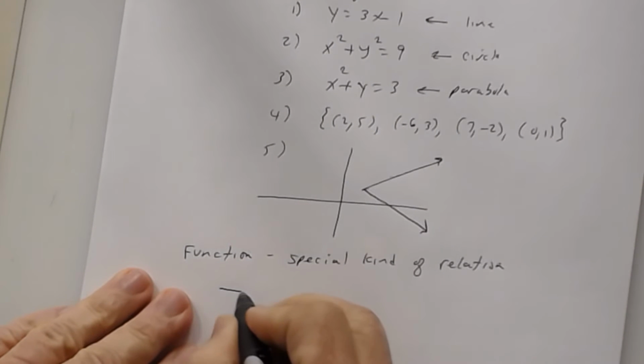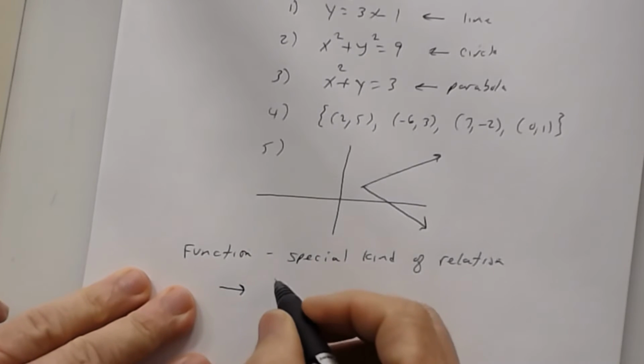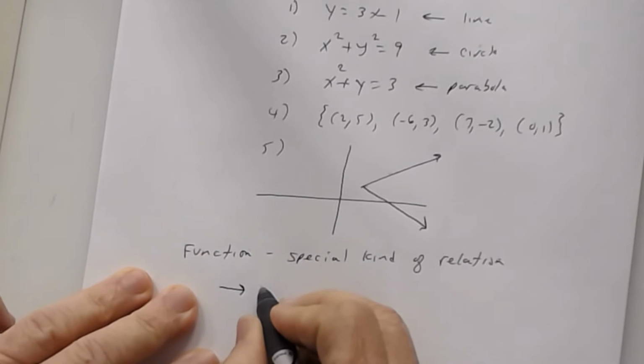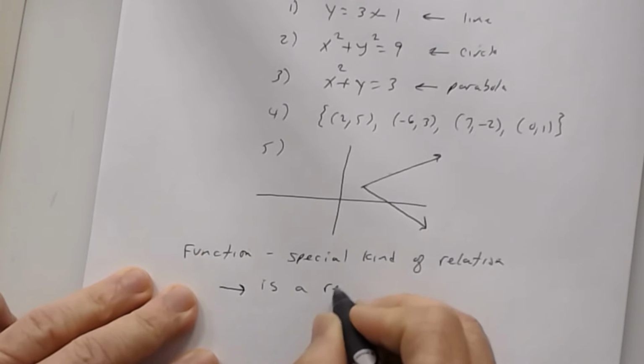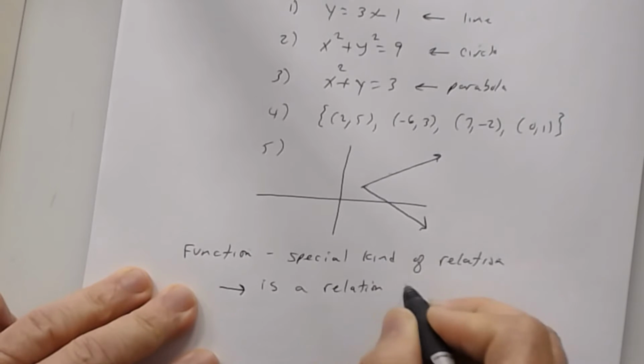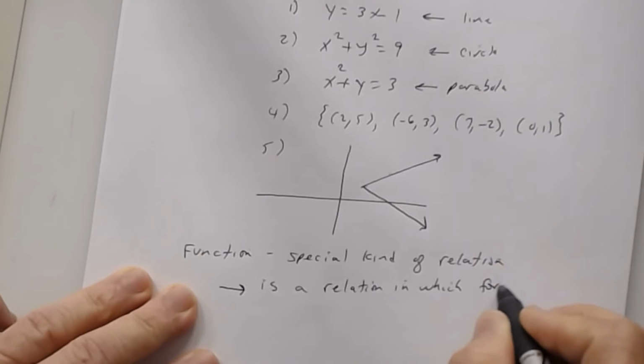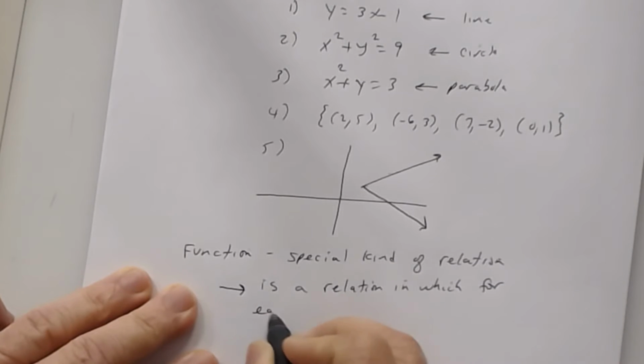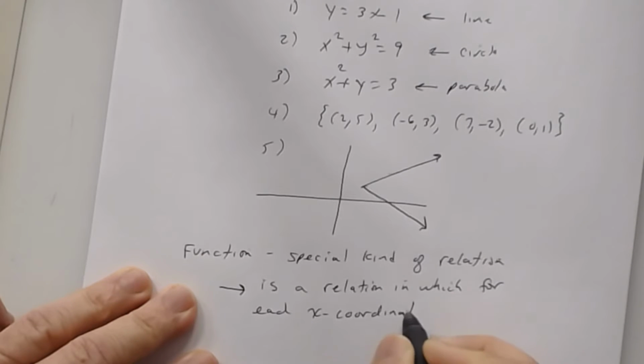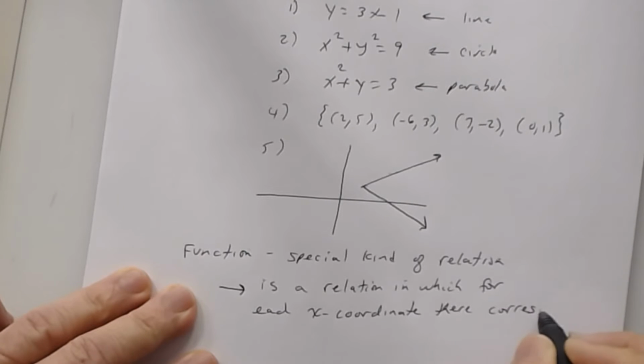A function is a relation in which for each x coordinate there corresponds exactly one y coordinate.